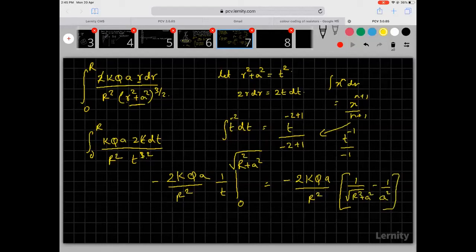So I can take the minus inside. It becomes 2kqa by R squared, 1 by a minus 1 by root over of R squared plus a squared. Sorry, this is not a squared, 1 by a minus this much. Okay, so this is what it will be.